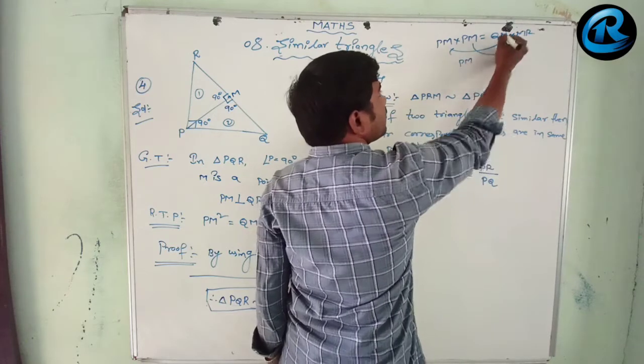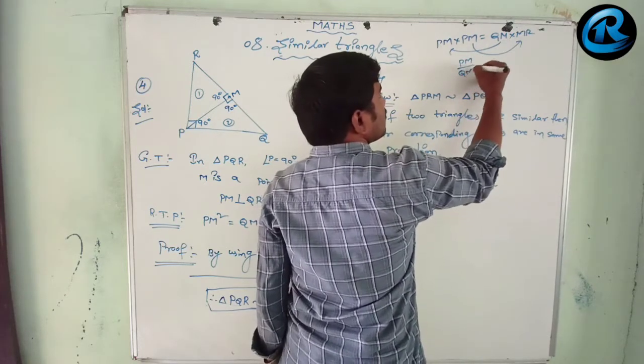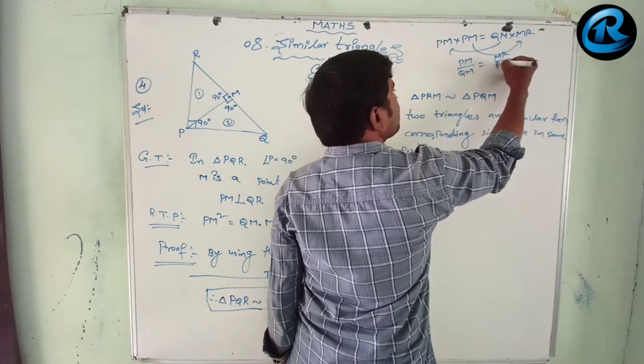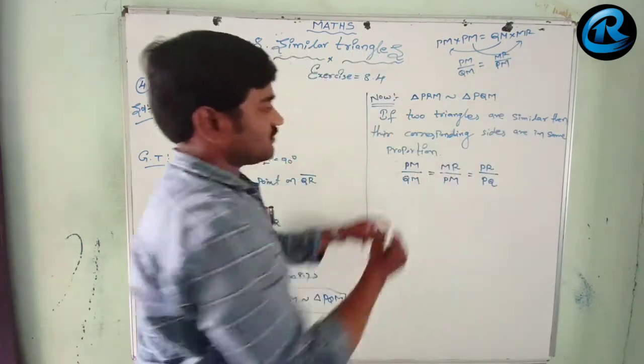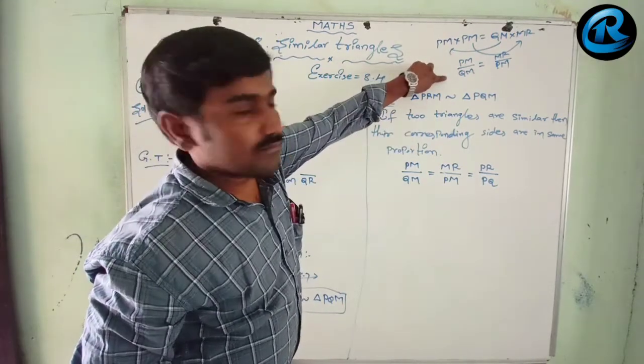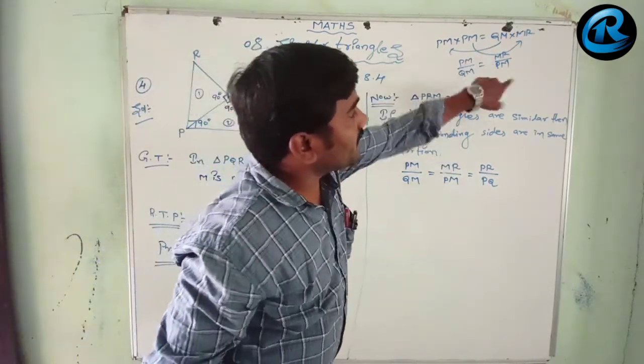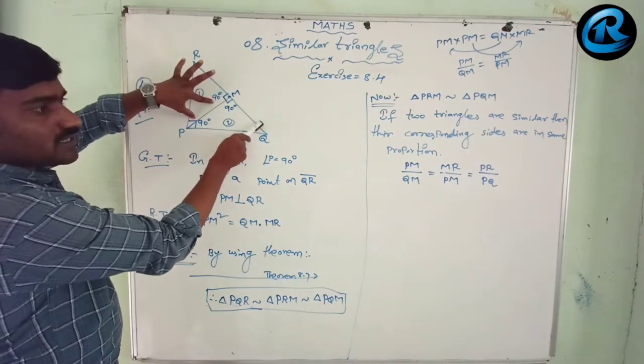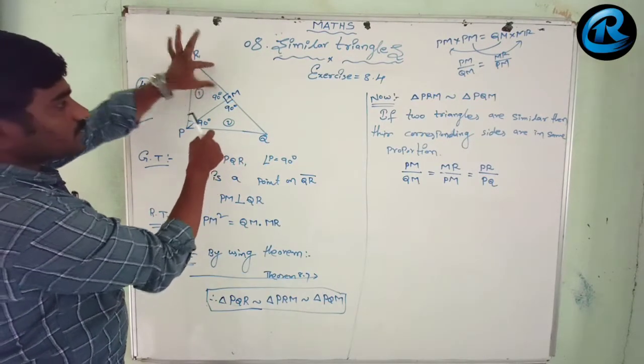What will be left? PM by QM is equal to MR by PM. So, this PM by QM is equal to MR by PM.